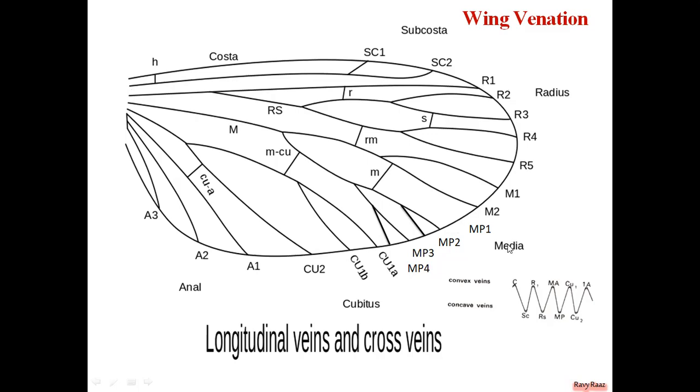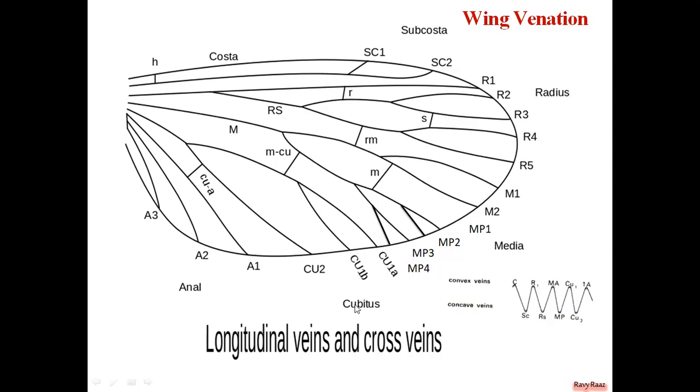Next is media. Media is anterior media and posterior media, M1 and M2, MP1, MP2, media posterior 1, media posterior 2, then media posterior 3, media posterior 4. Then is cubitus.